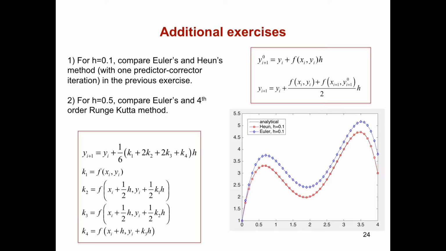So f is a function of two variables. This is your first variable. So you move halfway to your x_{i+1}. Halfway there is this point, and at that point you take the slope. So evaluate the slope at this point that is halfway. That's your slope number 2.